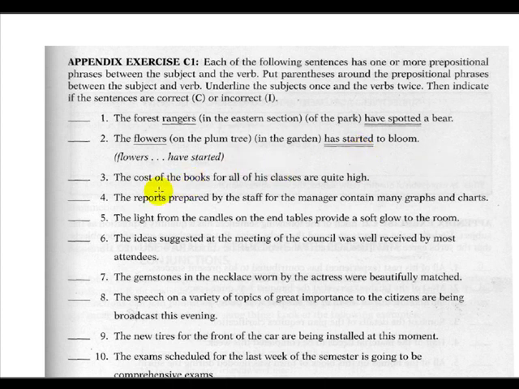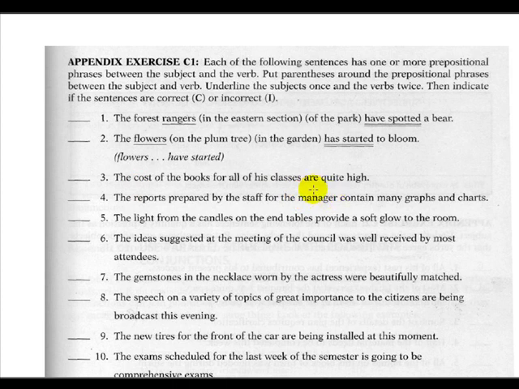Now I'll go through a few more of these, just so you've got the feel of what this is all about. Here we have the sentence, the cost of the books for all of his classes are quite high. First thing to do is to find the subject. The subject is cost. You would put a line under that.